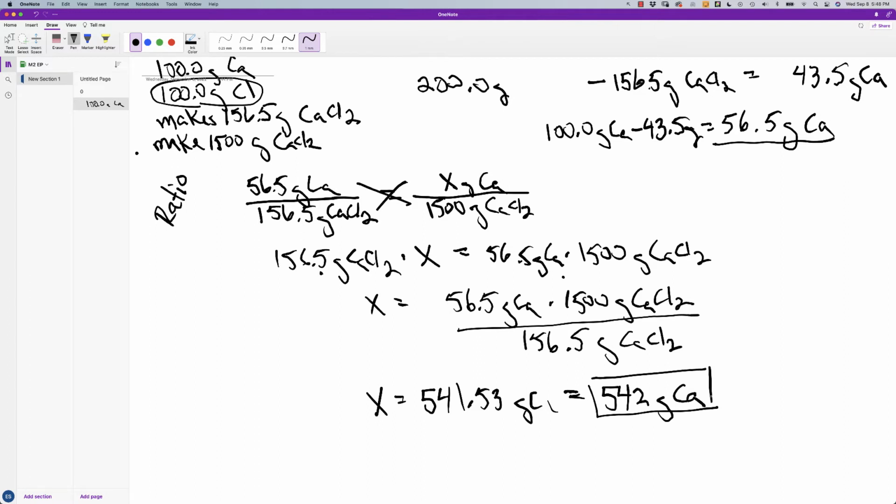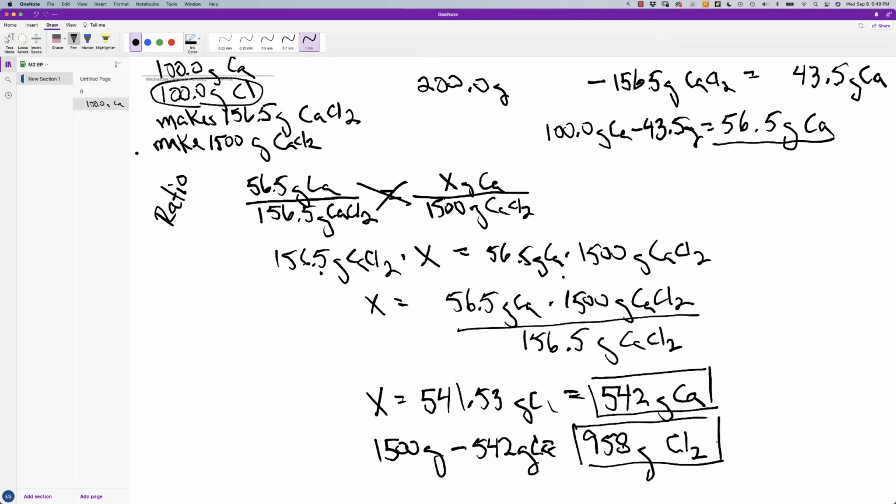Now, to find out how much of the chloride was needed, we were trying to make 1,500 grams of it. We subtract our 542 grams of the calcium. And that gives us 958 grams of chlorine that are needed. Okay, so here's our answer. 542 grams of calcium and 958 grams of chlorine are needed to make our 1,500 grams of calcium chloride.